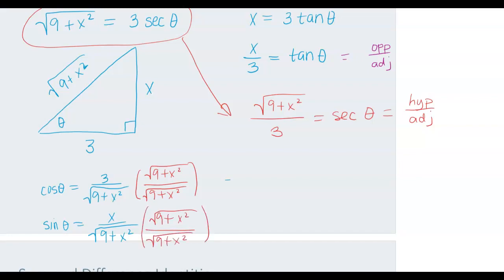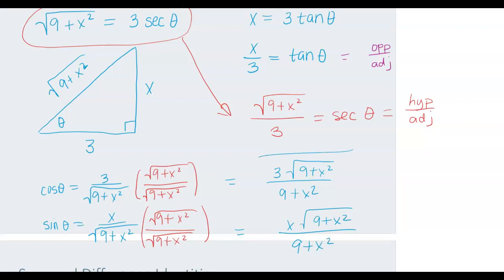And so an alternate version would be 3 times square root 9 plus x squared over 9 plus x squared. And then for the sine, it would be x times the square root of 9 plus x squared over 9 plus x squared. So these are just alternate versions, taking the rationalization into effect.